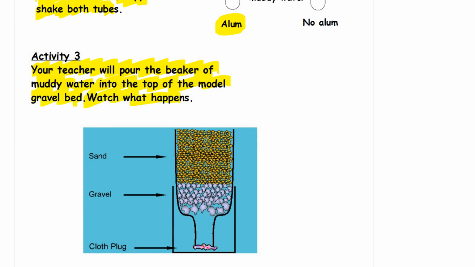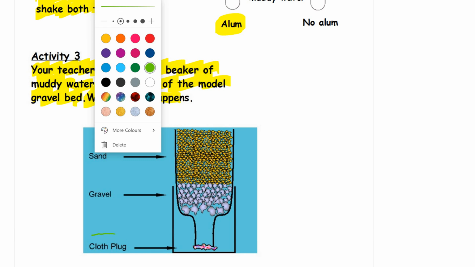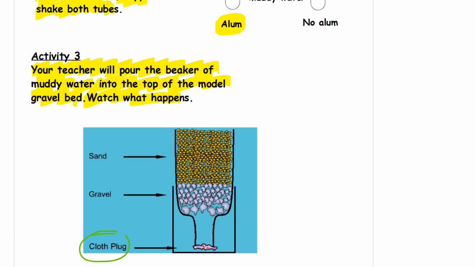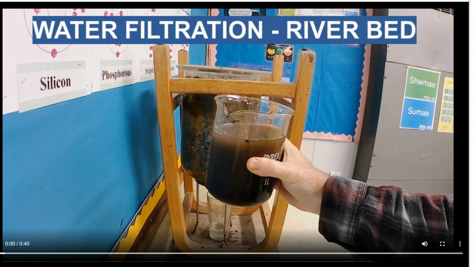Now the gravel bed is made up of a big cloth plug at the bottom, and then you've got bigger bits of gravel in this upturned glass vessel, and then you've got several centimetres of sand. Okay, and we're going to pour in the muddy water into the top and then see what comes out at the bottom here. Let's have a look at this video.